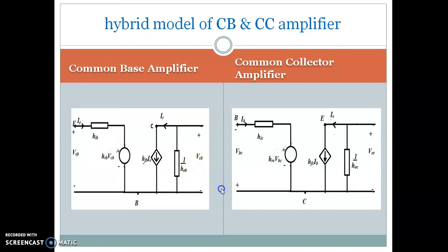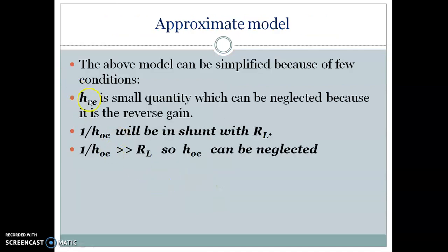Then the output impedance hoe. If I connect any external load resistor, it will be in shunt. 1 by hoe will always be in shunt with the load resistor. So if 1 by hoe is much greater than RL, hoe can be neglected, because when you have two resistors in parallel, the equivalent resistance will be lower than the lowest.